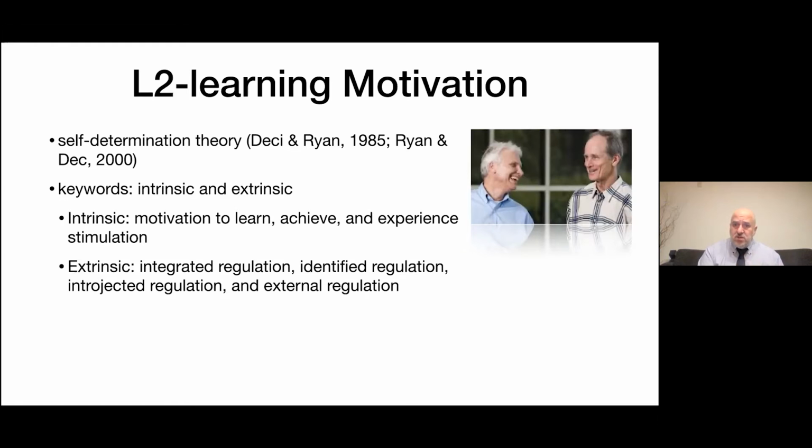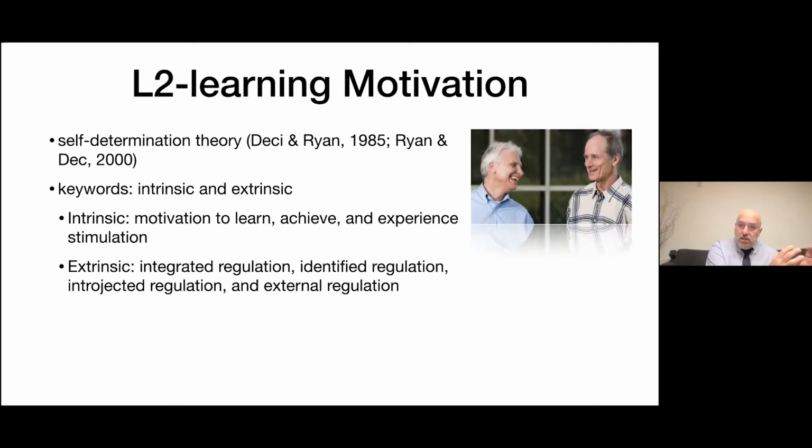For these, the learning goal is fully integrated within the individual, or the learning goal will aid in achieving another goal. A good example for identified regulation might be a person who dreams to be an airline pilot. Airline pilots need to speak English. So someone whose dream it is to be a pilot would happily or willingly learn English and achieve success in learning English.